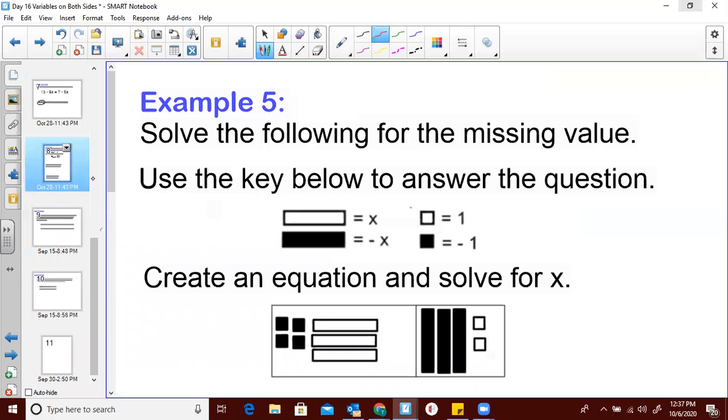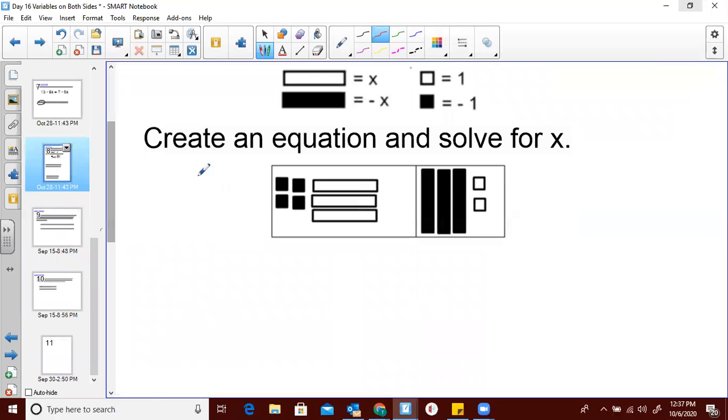All right, so you guys had one of these on your test, and most of you guys did really well on this. You must have remembered it from last year because we just went over it for the test review. So I know that these little black squares are going to be negative 1s. These white rectangles are just going to be x's. These black rectangles are negative x's, and these white squares are 1s.